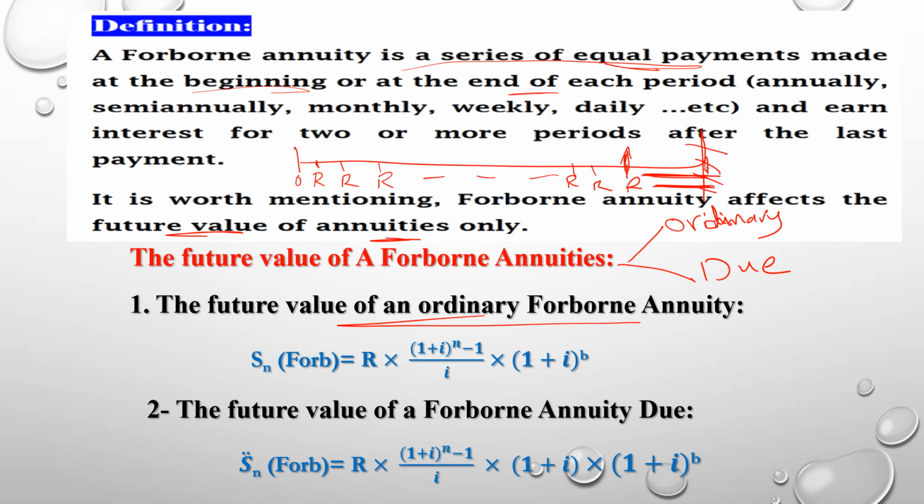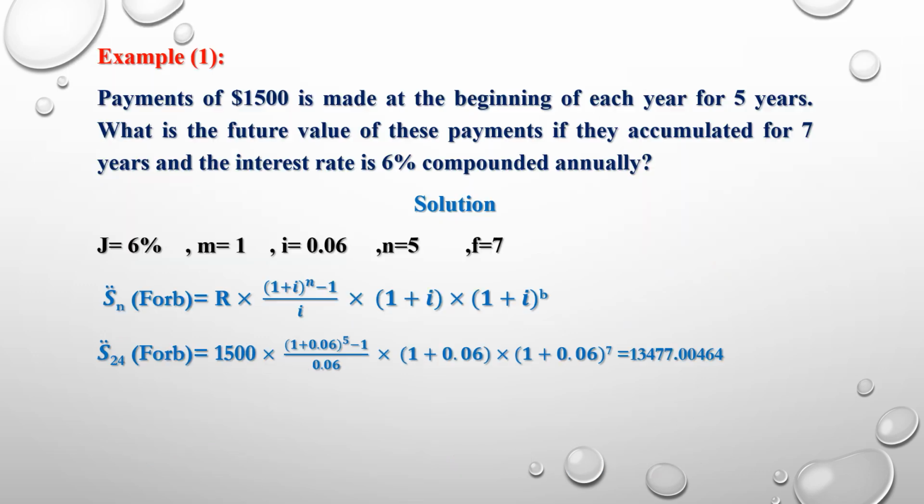And the future value of a forborne annuity due equals R times ((1 plus i) to the power n minus 1) over i, times (1 plus i), times (1 plus i) to the power b. So this is the formula of the ordinary forborne annuity, and this is the formula of the future value of the forborne annuity due. Let's take some examples.